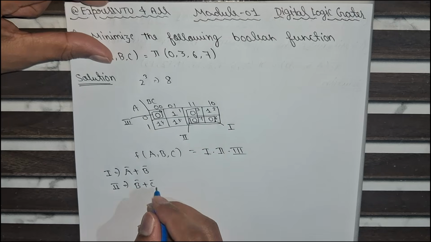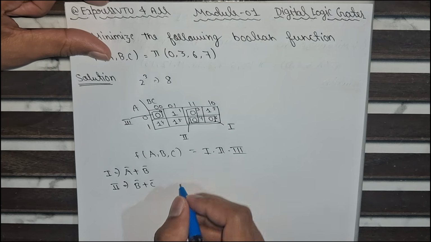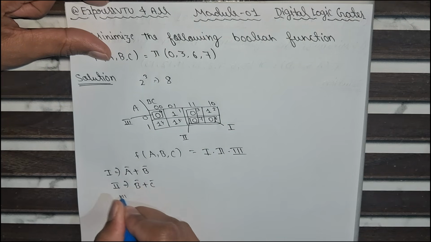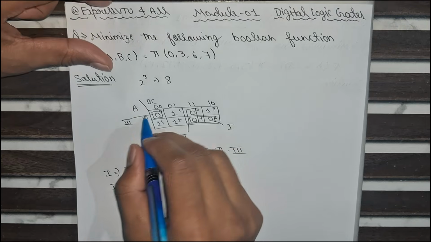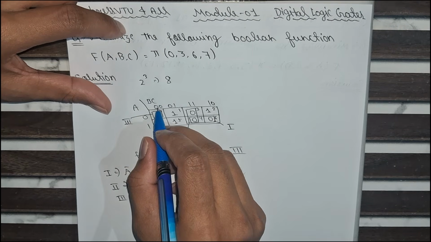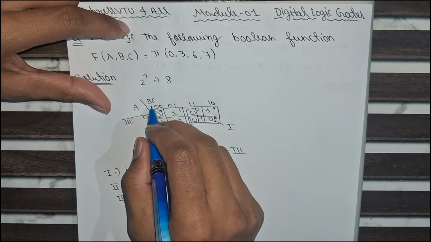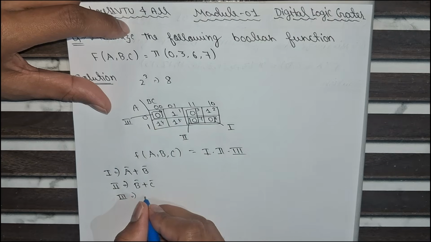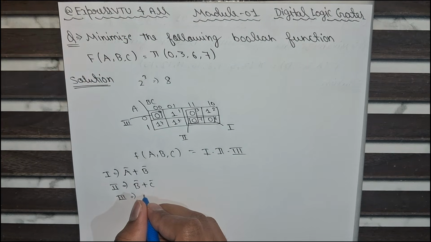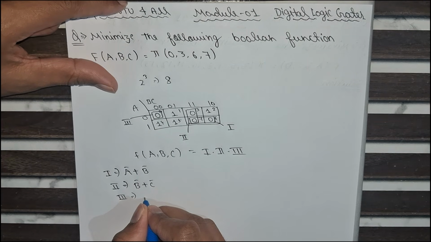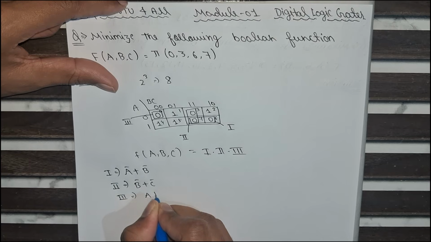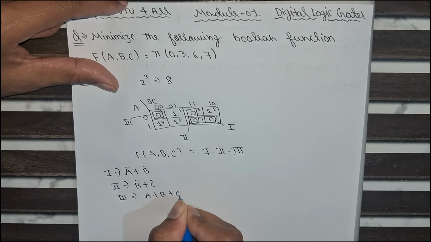That's why B bar plus C bar is written here. Then for the third group, it is simply this one, A bar, B bar, C bar given here, but we will write the complement of that, the opposite of that. It will become A plus B plus C.